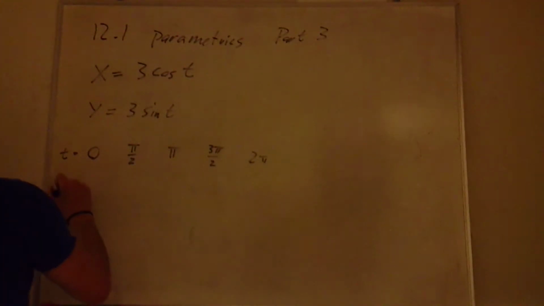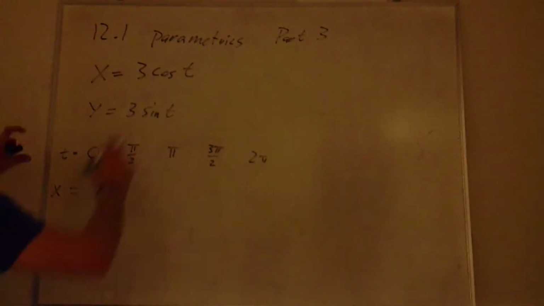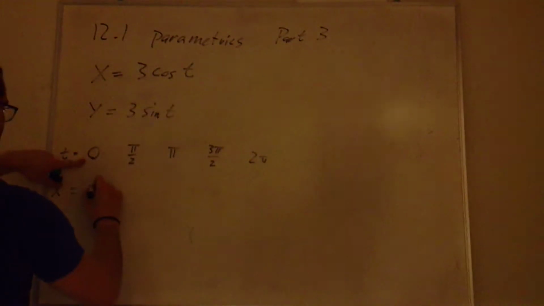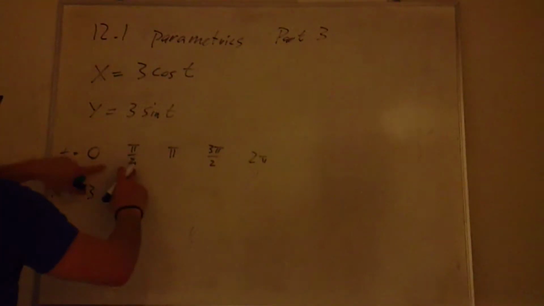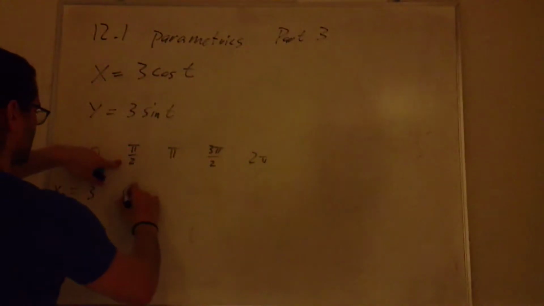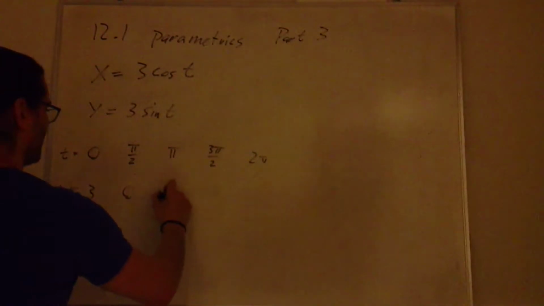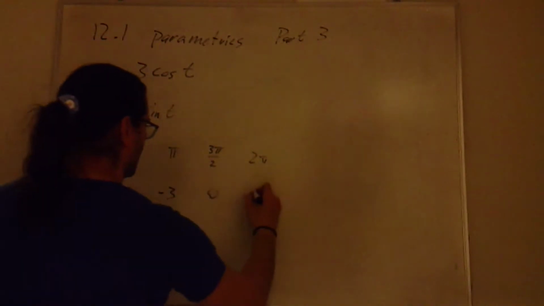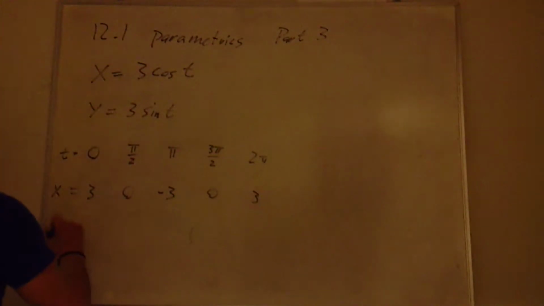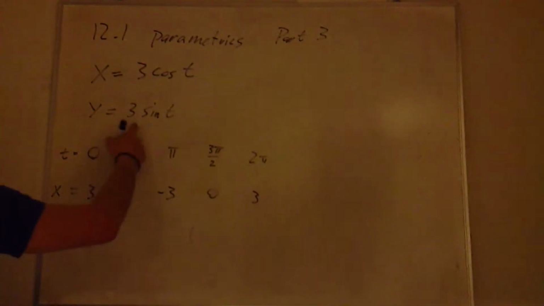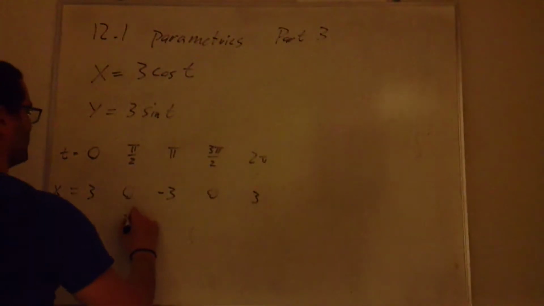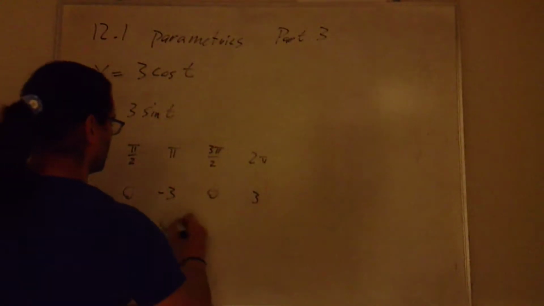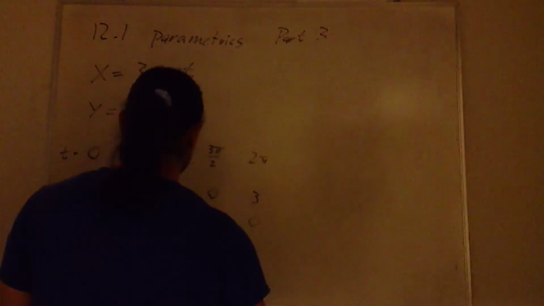For x, I will get cosine of 0 is 1, so this will be 3. Cosine of pi over 2 is 0, so I'll get 0. This will give me negative 3, 0, and 3. And for y, I will get 0, 3, 0, negative 3, and 0.